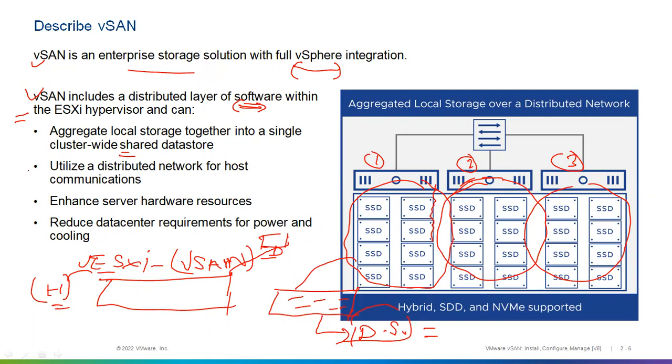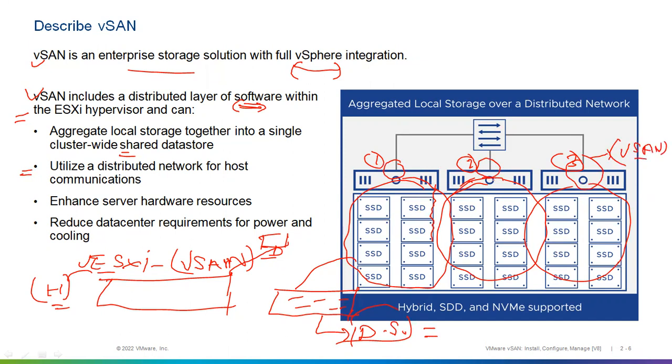Then it utilizes a distributed network for host communication. So all my storage traffic and all my synchronization will happen over the physical network layer, and on each ESXi host I have to dedicate a network connection type, which we refer to as my vSAN traffic.